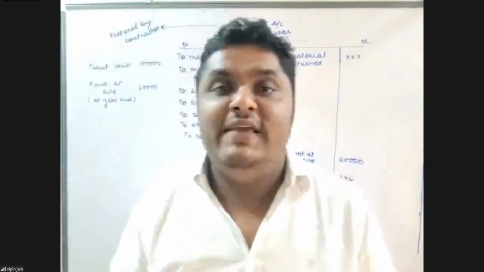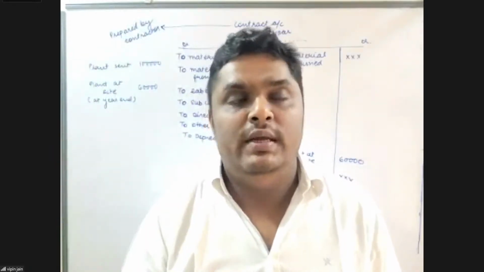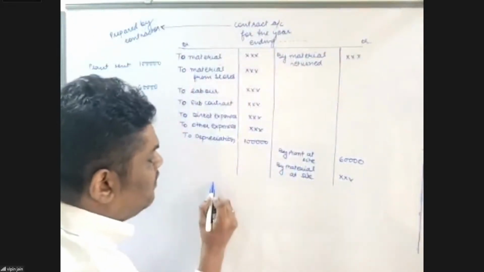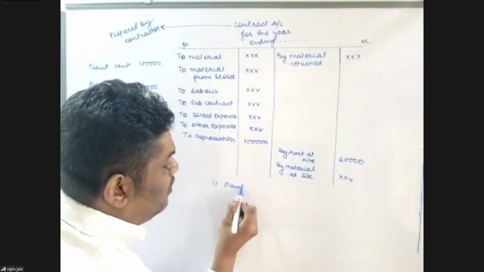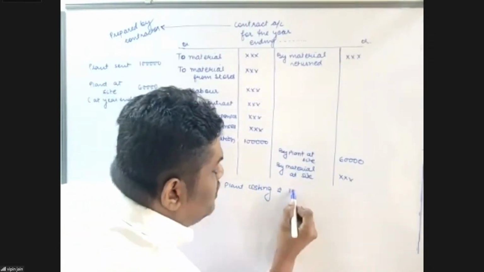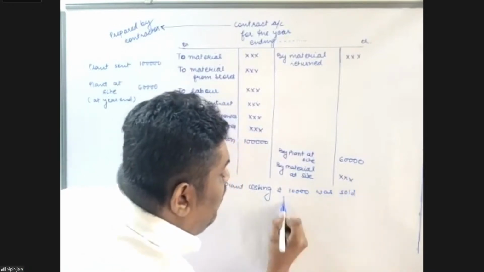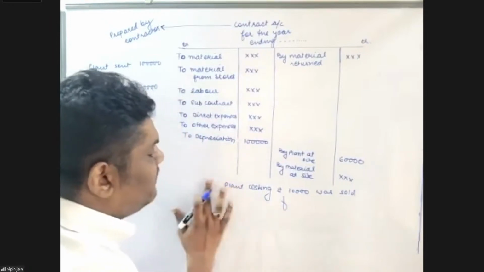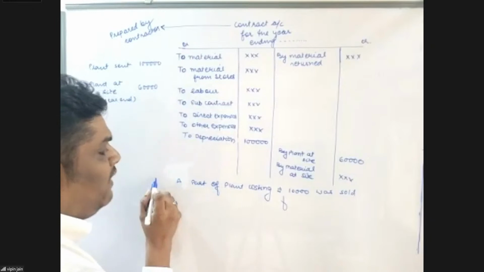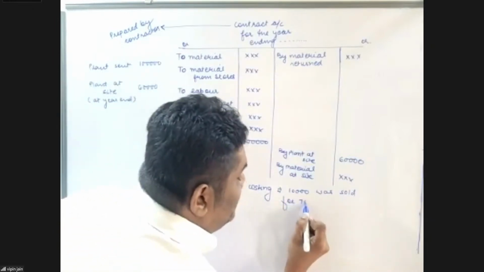Further adjustments are given that a plant costing rupees 10,000 was sold for 7,000. I repeat again, the question is given wherein a part of plant, costing rupees 10,000 was sold for 7,000 rupees.